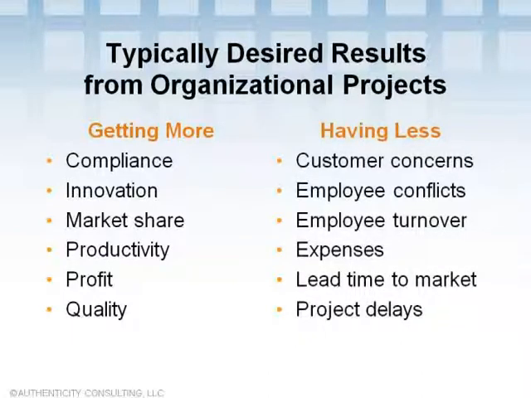Or the organization might want to be getting less of something, for example, having less customer concerns, employee conflicts, employee turnover, expenses, certainly less lead time to market, and less project delays. We've done projects with these as well.